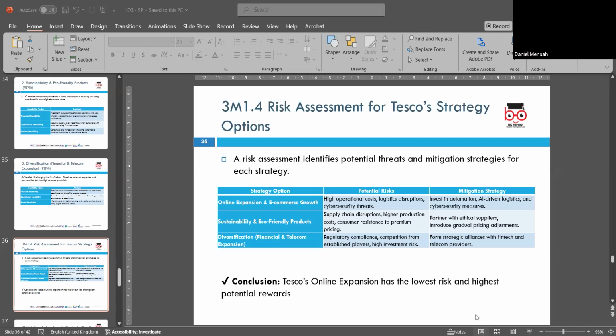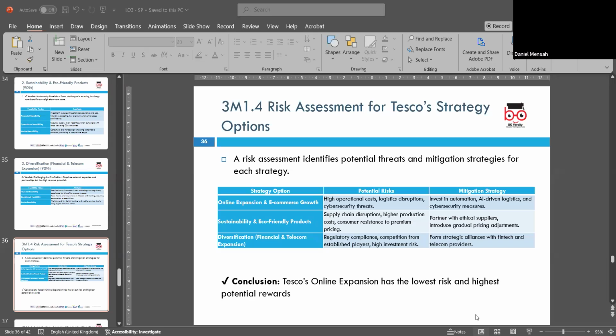It is also very important to assign a degree of risk, like for impact, high, medium, and low, because then it helps us to make a final decision. By evaluating the risk level and implementing appropriate mitigation strategies, a business can reduce potential negative impacts and increase the chances of successful strategy implementation.